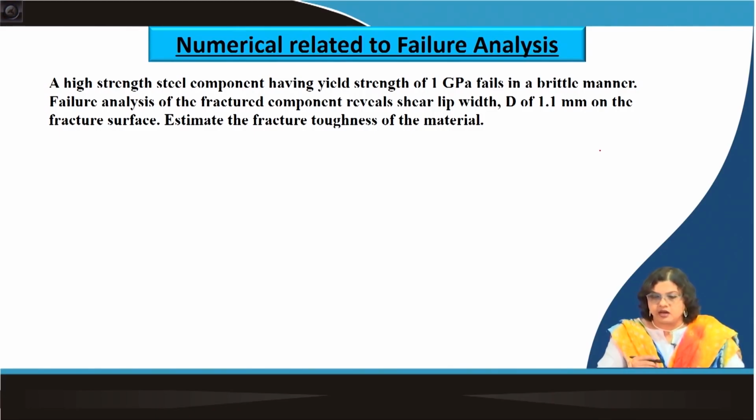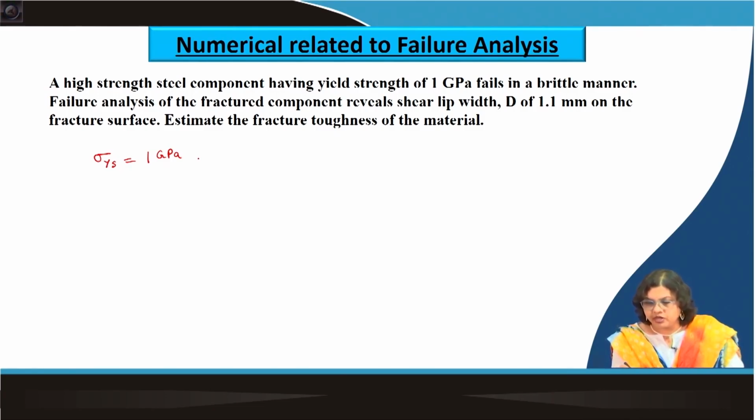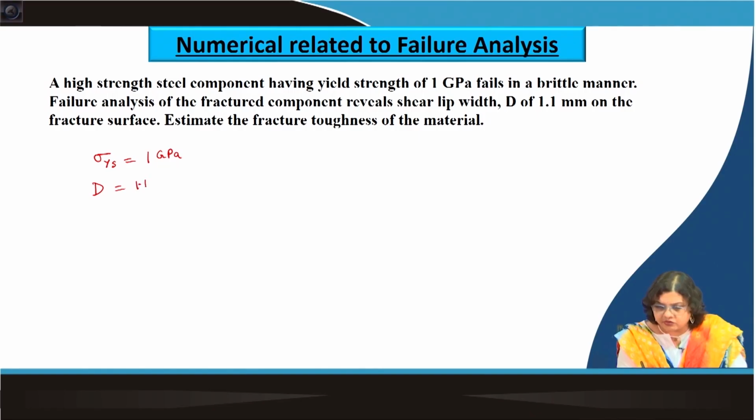It says a high strength steel component having a yield strength of 1 GPa fails in a brittle manner, and failure analysis of the fractured component reveals a shear lip width D equal to 1.1 into 10 to the power of minus 3 meter on the fracture surface. We need to estimate the fracture toughness. Now, this D is nothing but the plastic zone size, as we have seen.